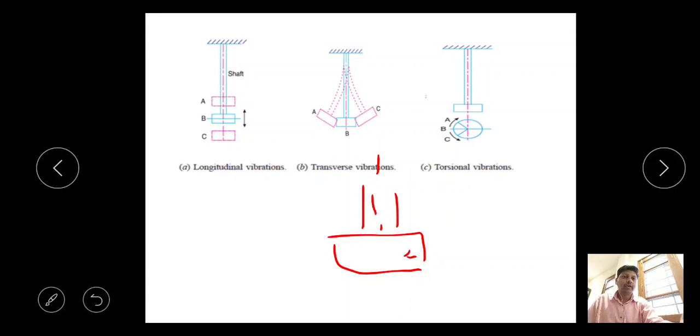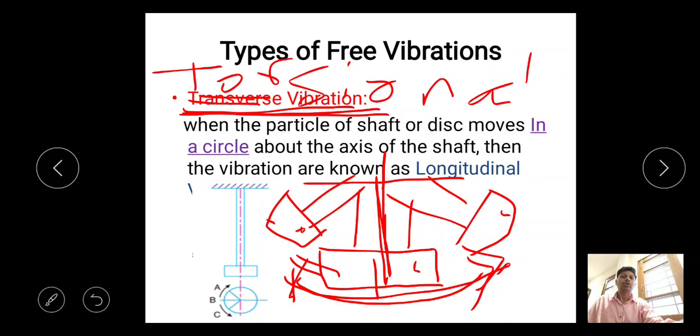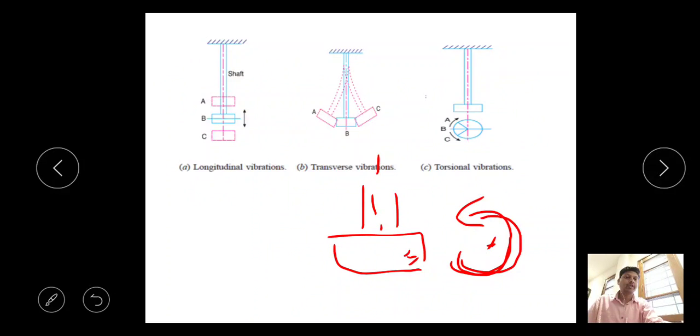If it is rotating like this about the axis, then it is called torsional vibration. When the particle of the shaft or a disc is moving in a circle about the axis, it is called torsional.